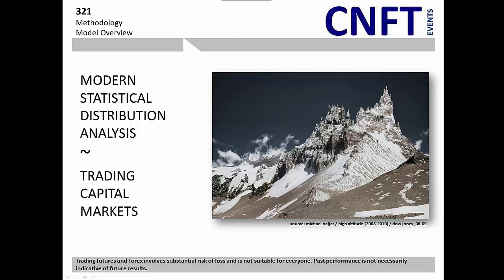I want to highlight right here, this is Michael Najjar, N-A-J-J-A-R, and you talk about a mountain chart. What he does is that he'll take a mountain range and he'll superimpose a stock index line chart on it, and this happens to be the Dow Jones for 2008 or 9.